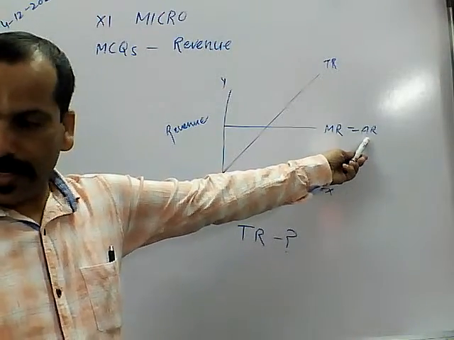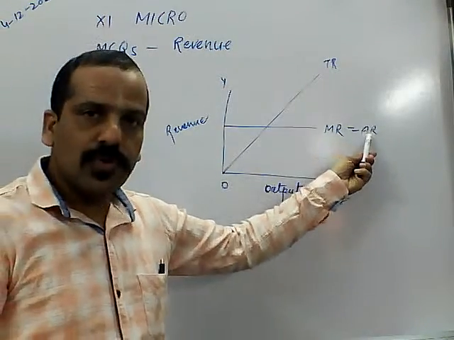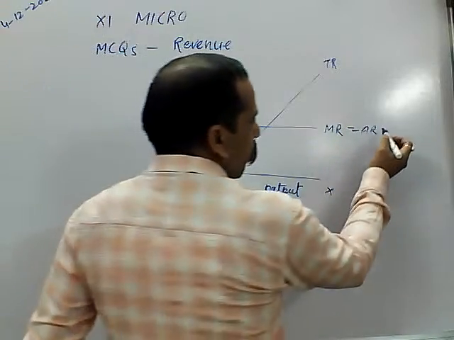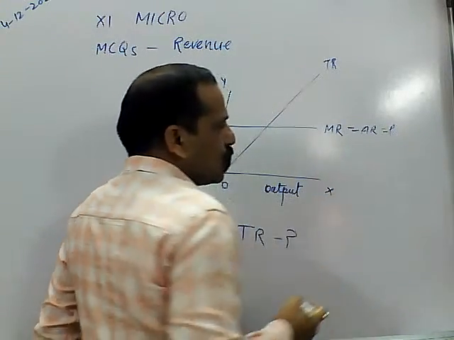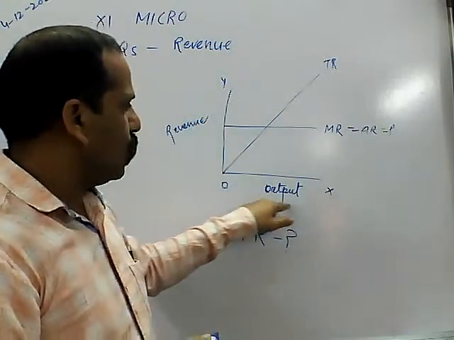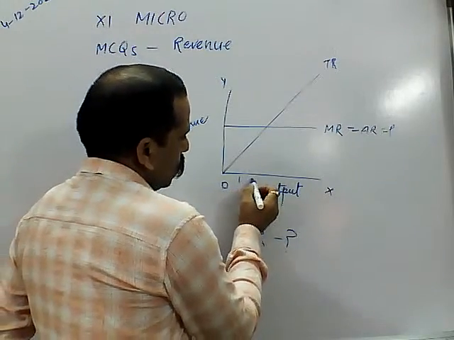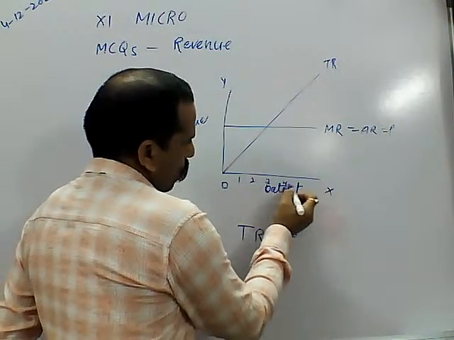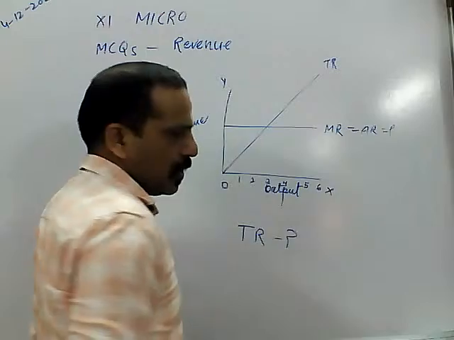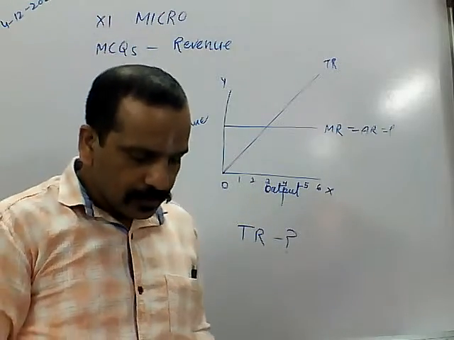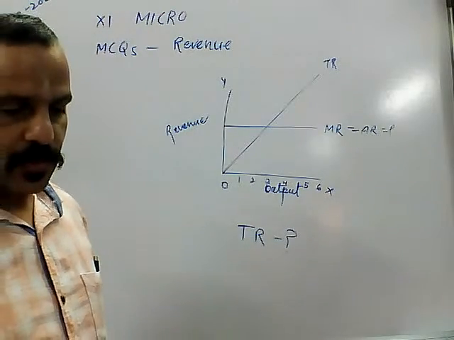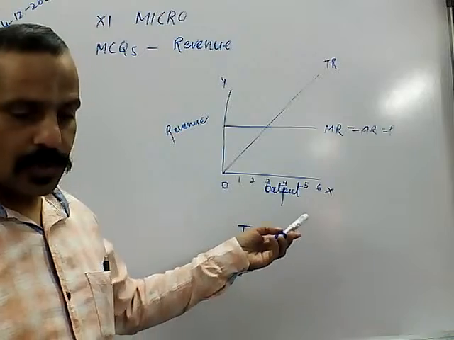AR is also called price. Average revenue is also called price. So price remains the same as output rises: 1, 2, 3, 4, 5, 6.